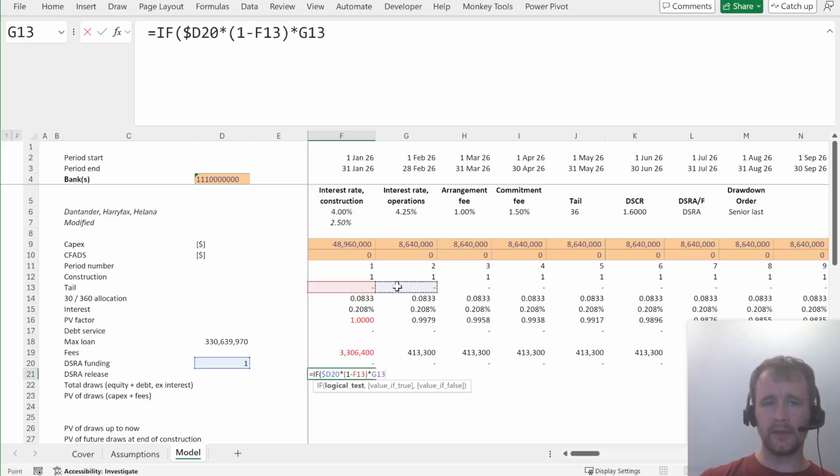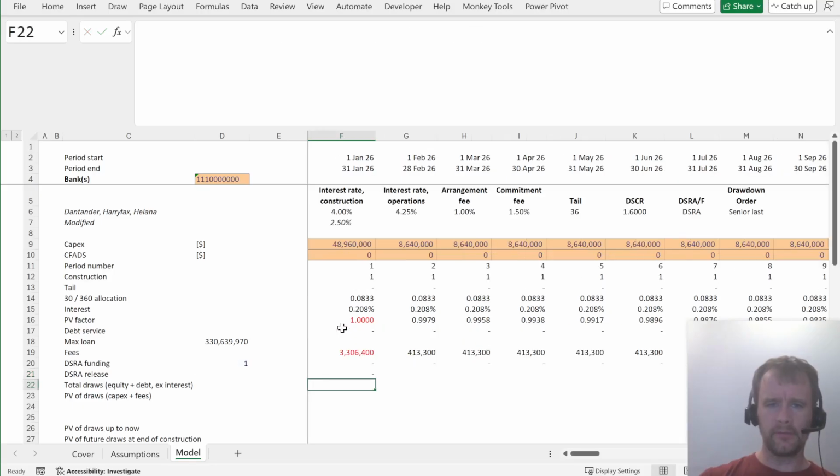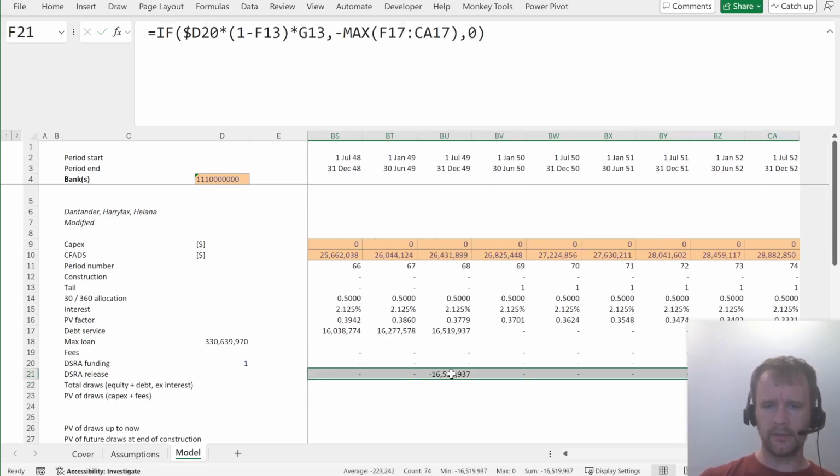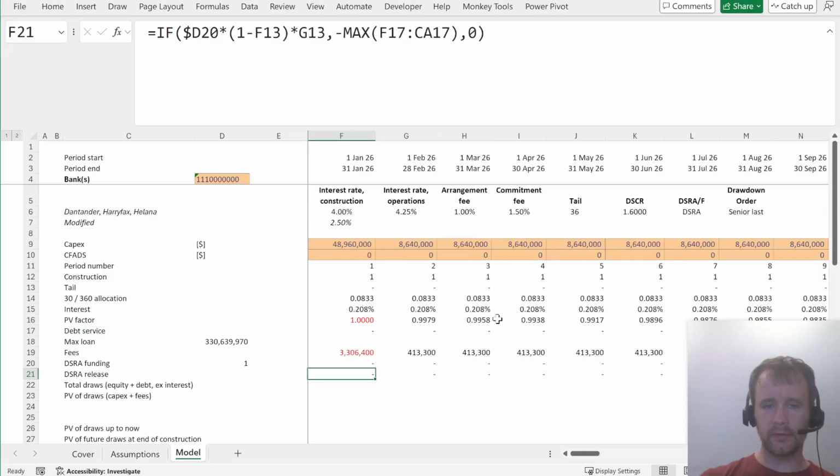So that. If all those things are met, then we say minus the max debt service. We're just releasing the same amount, otherwise 0. Copy that across, and so here at the end of the tail, we release that debt service reserve account.